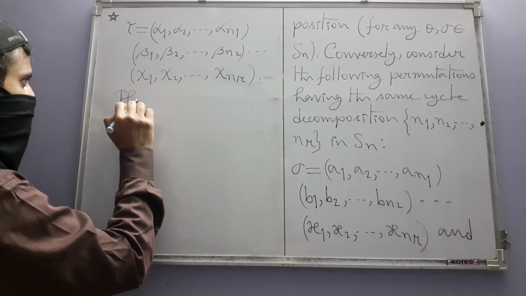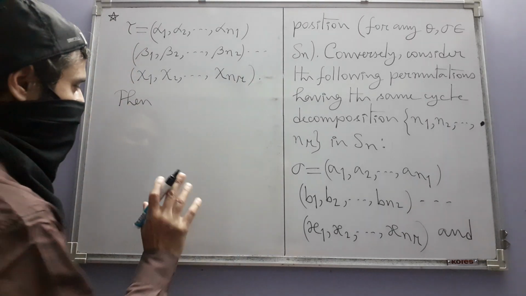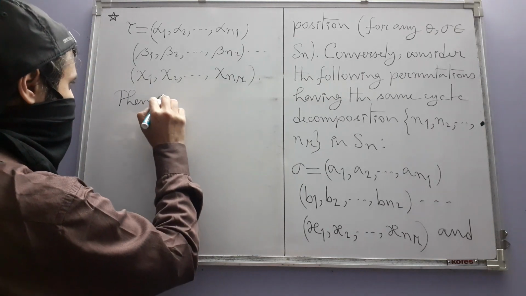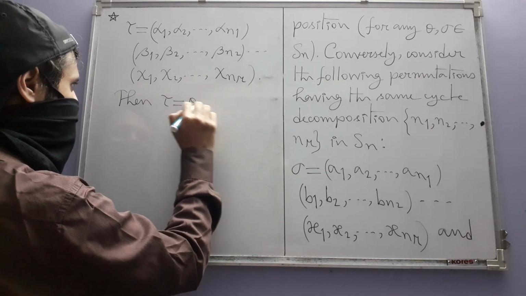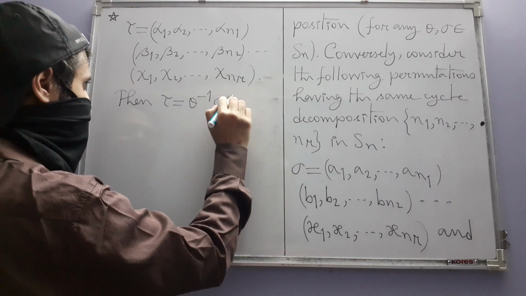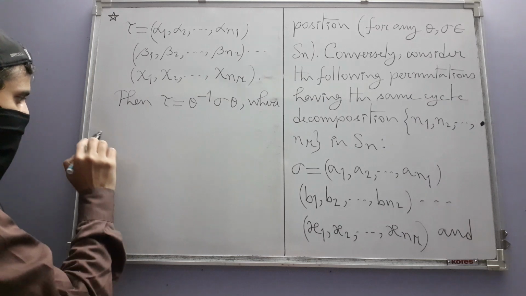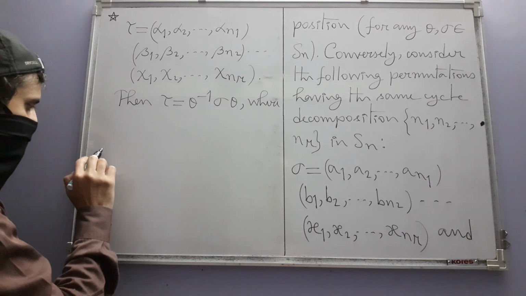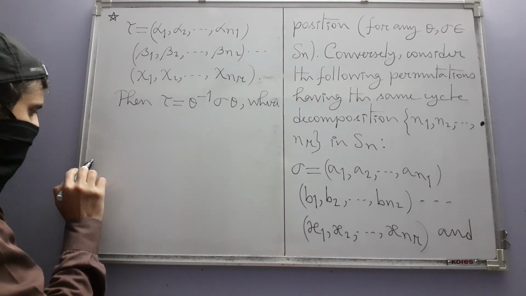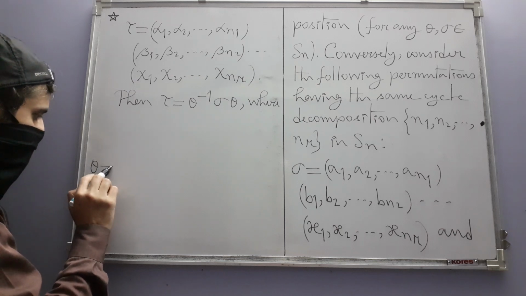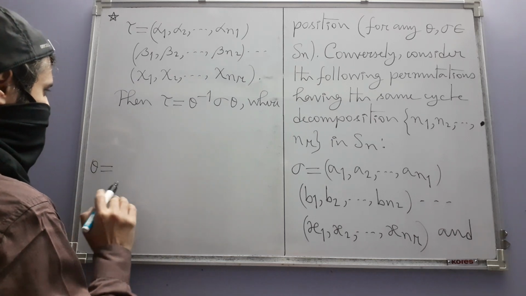Then again from our rule we get this. Then tau is equal to theta inverse sigma theta, where shall I be able to write theta here? That is the question. Okay, let me try.